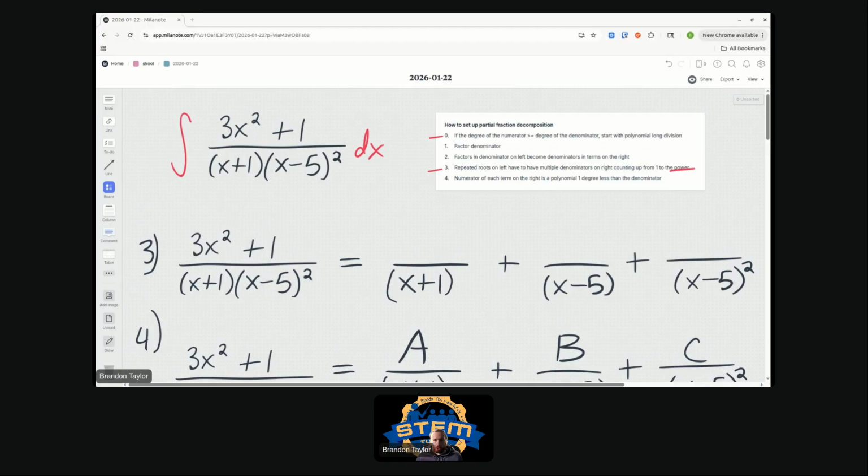You could argue that the polynomial long division takes almost as much time as the actual partial fraction decomposition itself. So here, let me open this real quick.